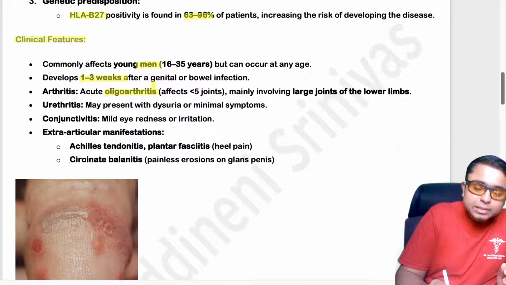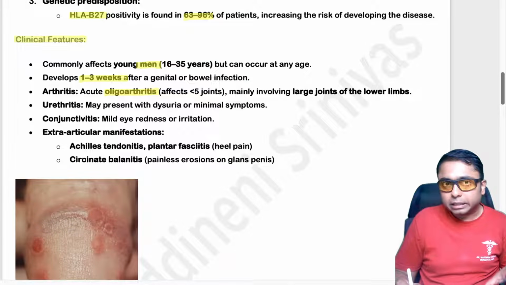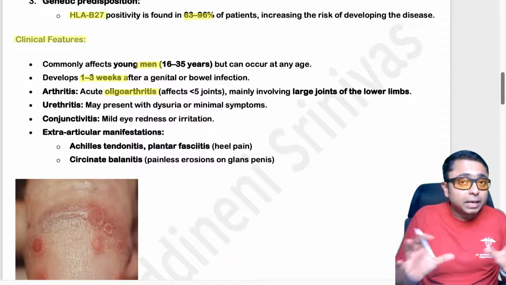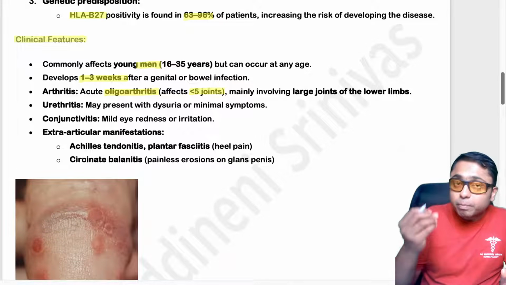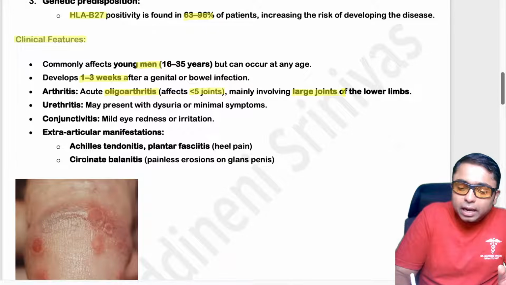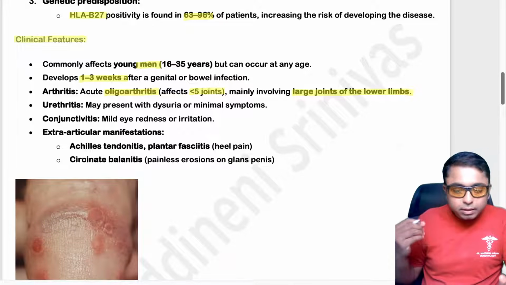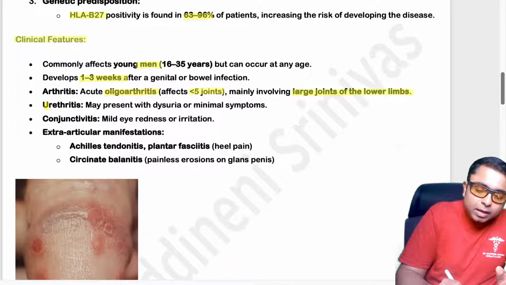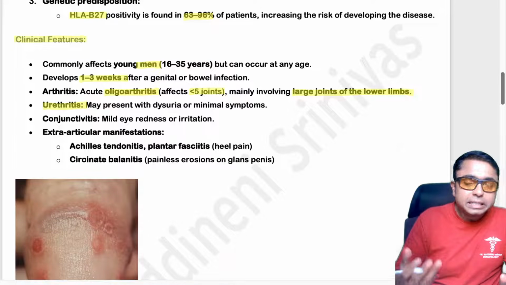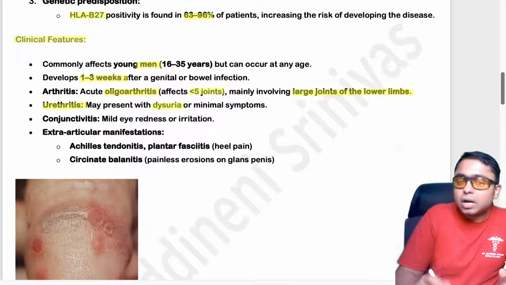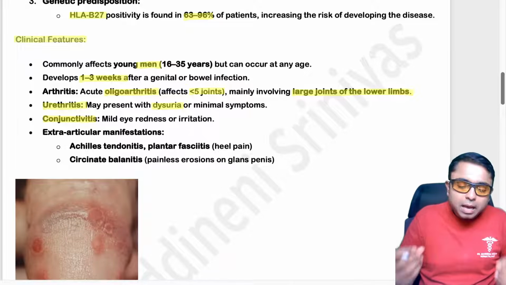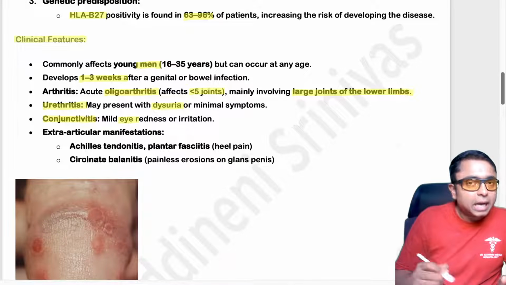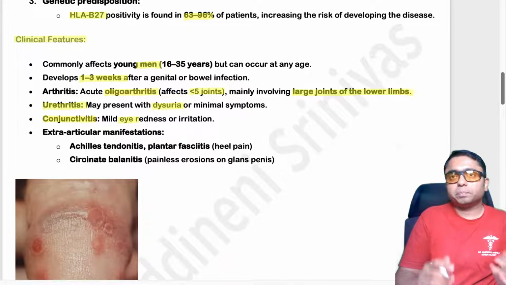The arthritis is going to be oligoarthritis, that is, it is not bilaterally symmetrical and fewer than 5 joints will be affected, and most importantly the large joints of the lower limbs are the ones affected. Because of the arthritis, there can be mild dysuria or minimal symptoms, and conjunctivitis may present as mild redness of the eye or a little bit of irritation.